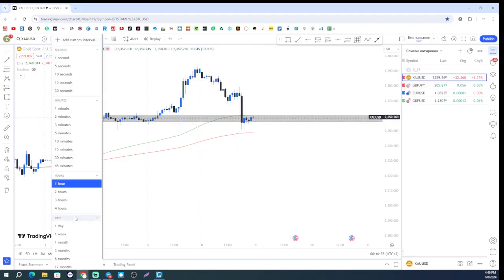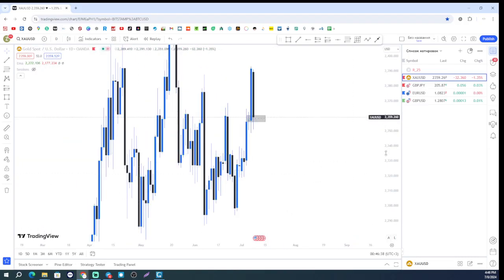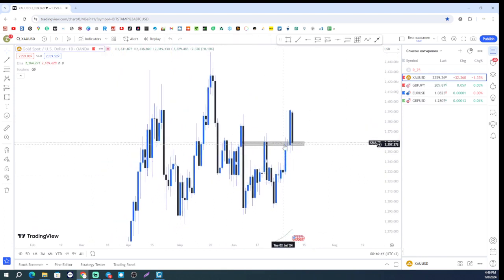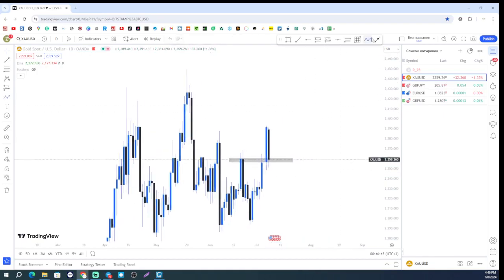But on the daily time frame, what do we see, guys? We see a very clear zone, even on the daily right here. So from here it's a good idea, to be honest, to buy to the upside, because we still got this high to break, and we can potentially get to this high.